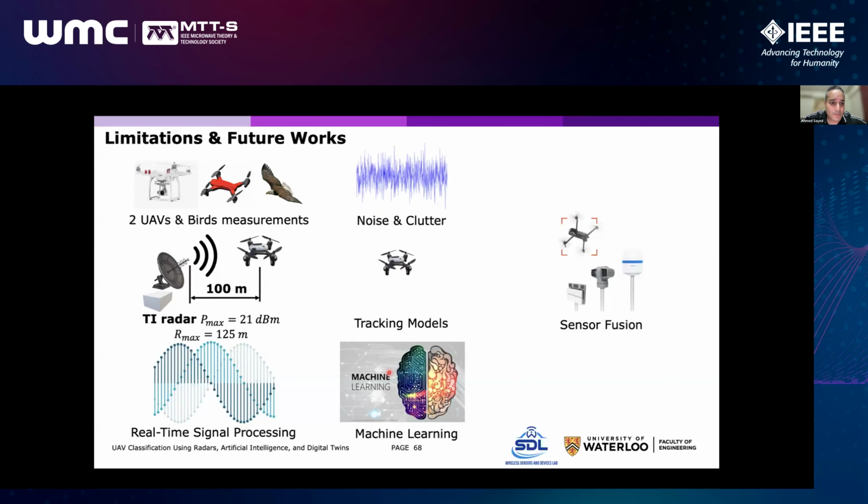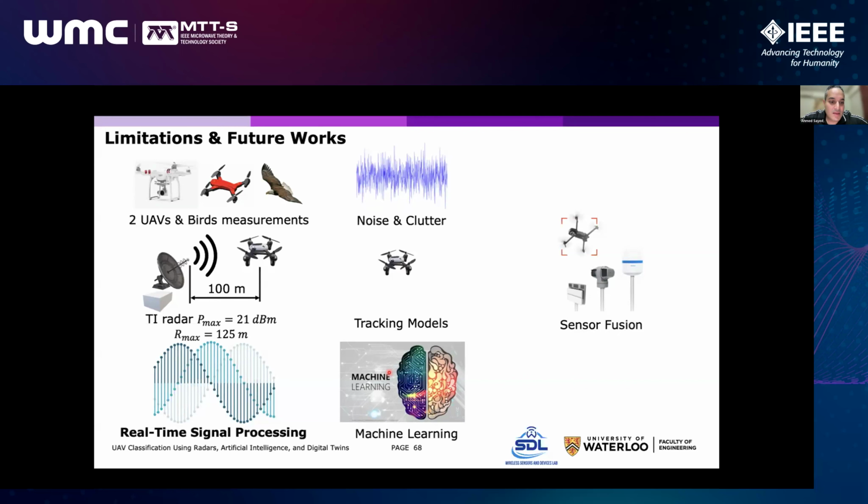Also, the maximum range for our radars in this work was less than 100 meters. This is because, according to the FCC, the maximum power that can be used in the frequency band of our radar is 50 dBm, and our radar has a maximum power of 21 dBm, which provides a maximum range of 125 meters for 500 megahertz bandwidth.